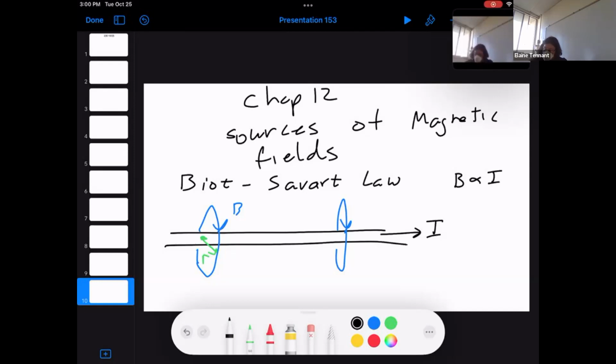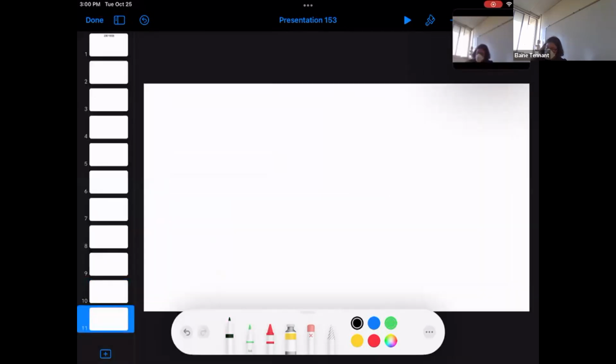Okay, so the Biot-Savart law says, I'm going to write it in differential form first.